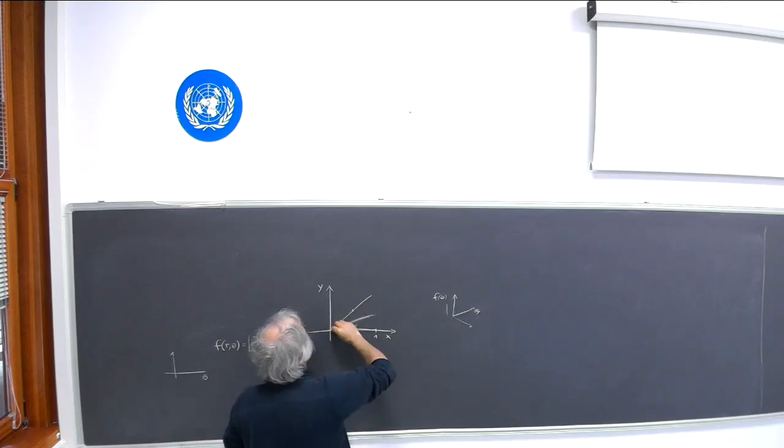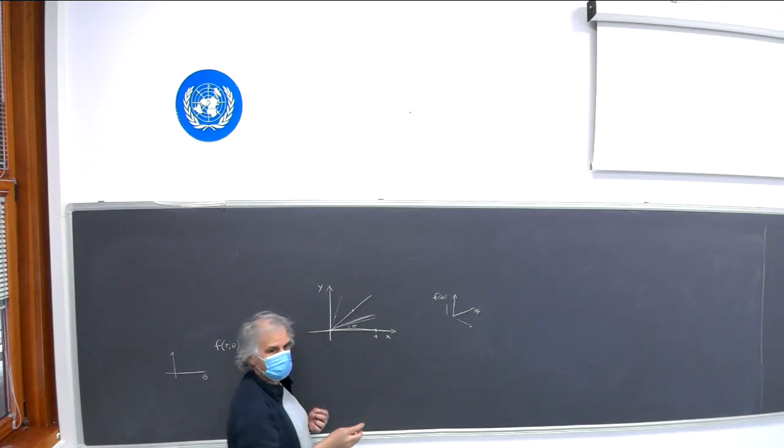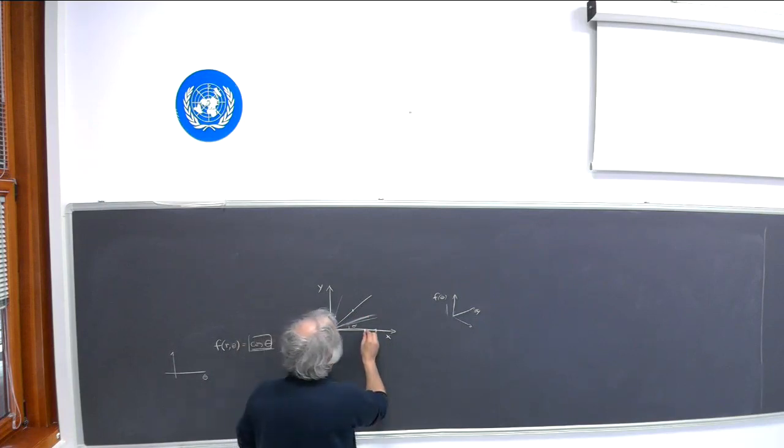For theta equal to 60, it's 1/2. For theta equal to 30, it is square root of 3 over 2, so 0.85, something. So I join these points.